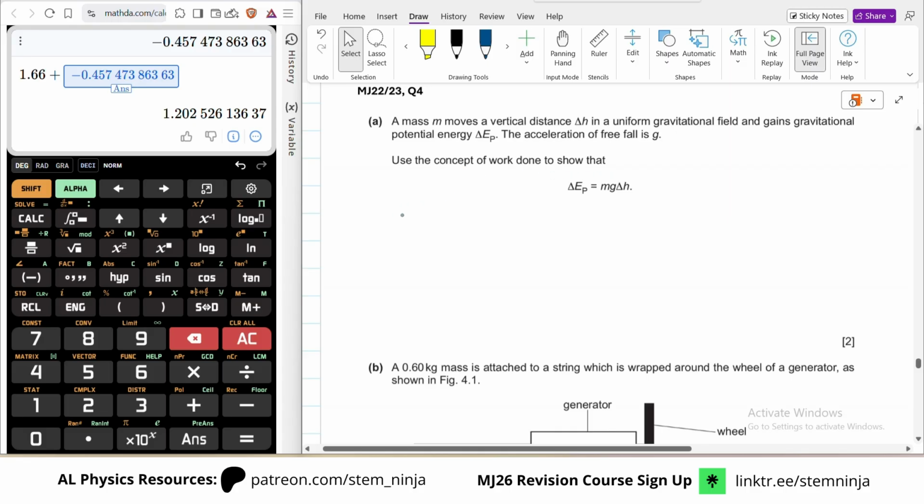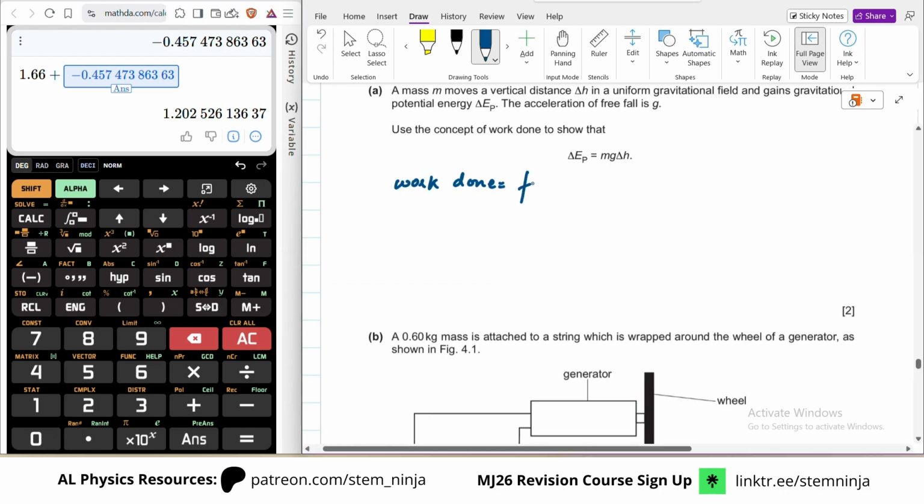See, this is now slightly different. So work done is equal to force times displacement. You can write it in terms of symbols also.